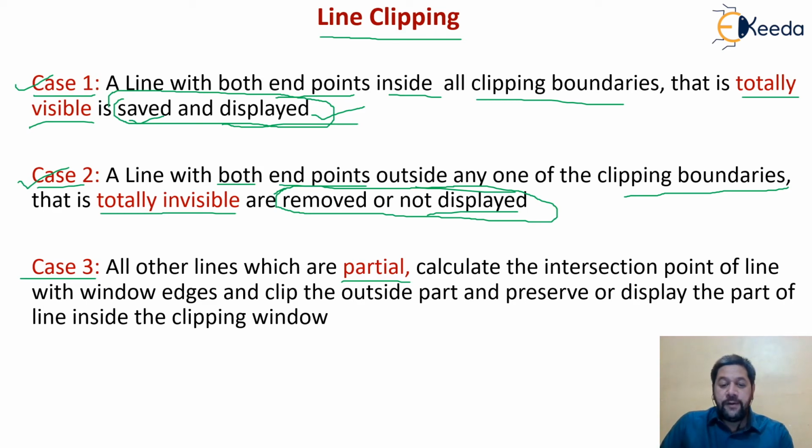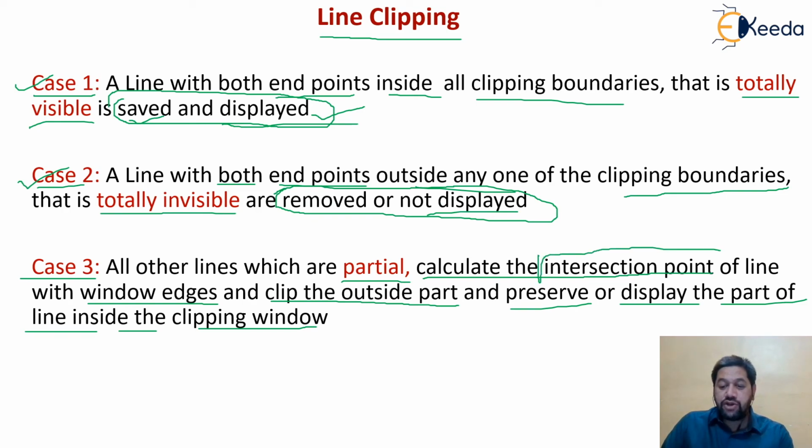We have to calculate the intersection point of the line with the window edges. Find the intersection point, and clip the part of the line which is outside, and preserve or display the part of the line which is inside the clipping window. So for the partial line, first calculate the intersection.